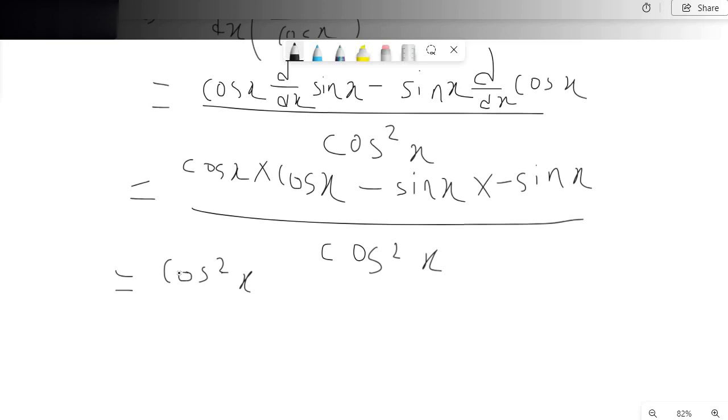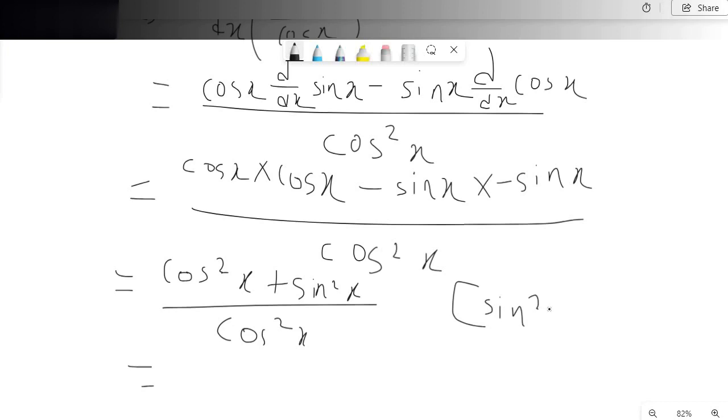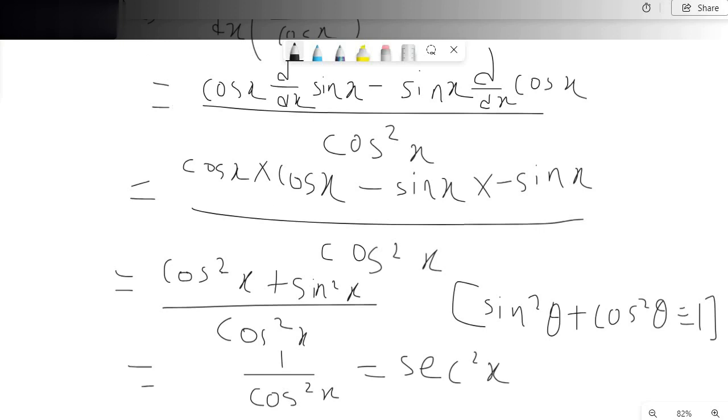So simplifying, we get cos squared x plus sine squared x, as minus 1 multiplied with minus 1 is 1, divided by cos squared x. Now if you recall the trigonometric identity sine squared theta plus cos squared theta, which is equivalent to 1. So we have 1 divided by cos squared x, which is exactly equal to sec squared x, and thus we can also find out the derivative of tan x using the quotient rule in this way.